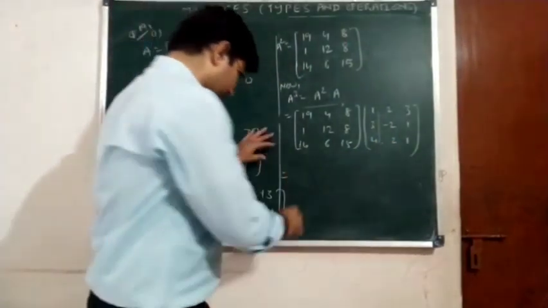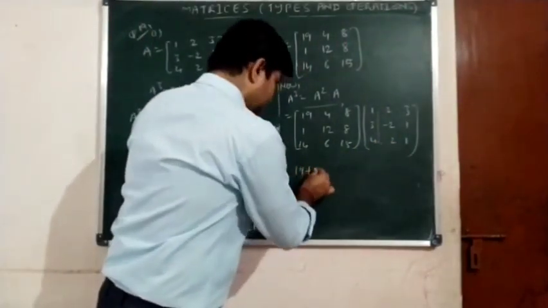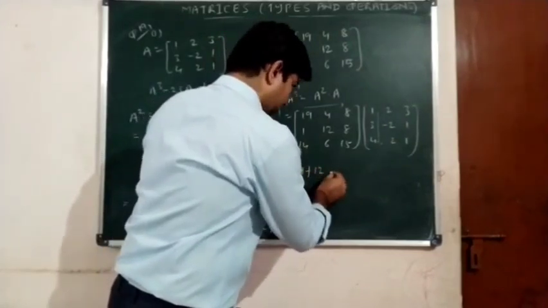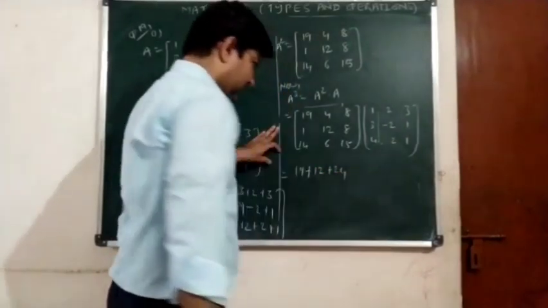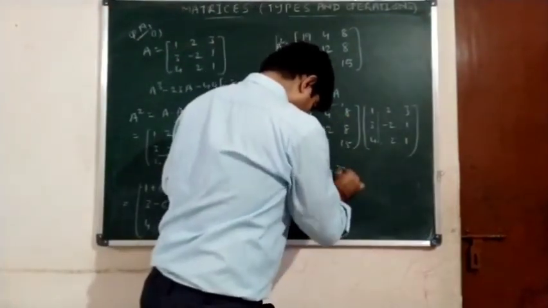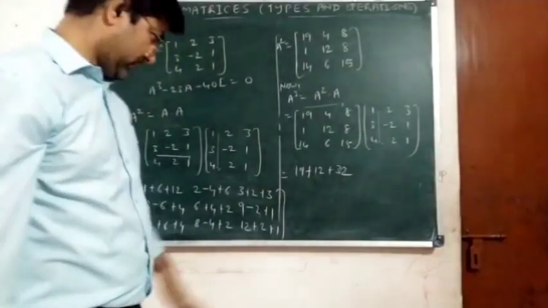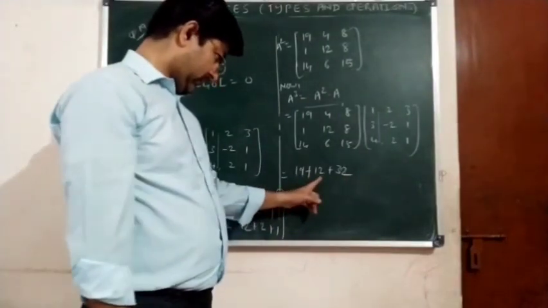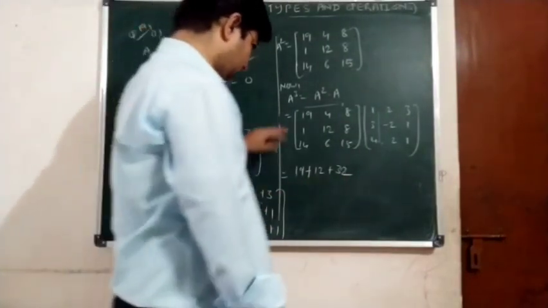Okay, so 19 ones are 19 plus 4 3s are 12 plus 8 4s are 32. Yes or no? 19, 21, 31. Yes.